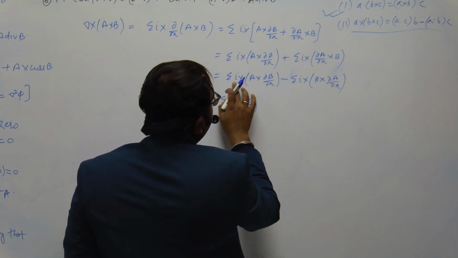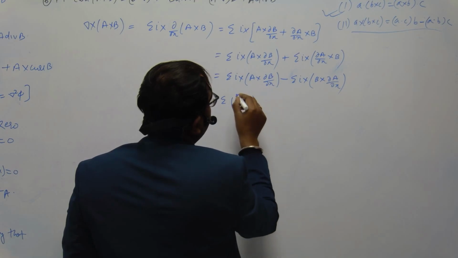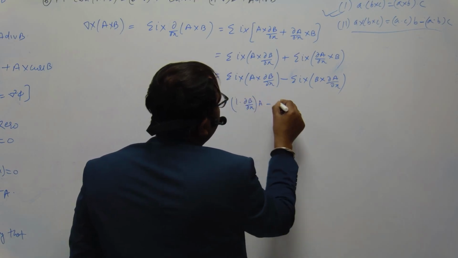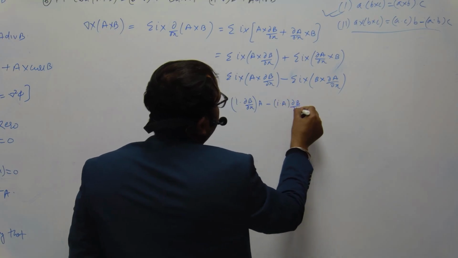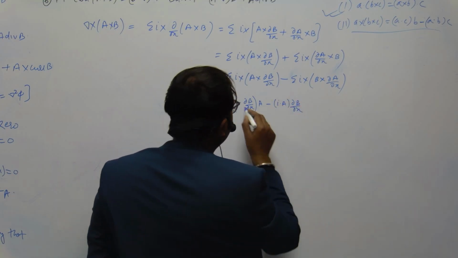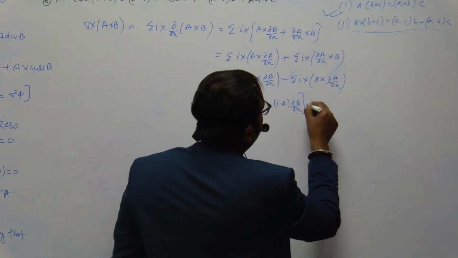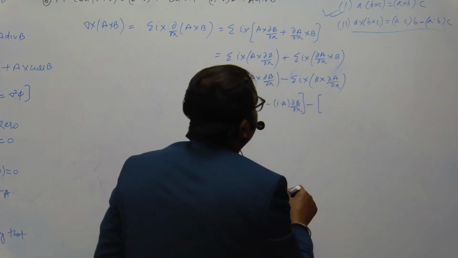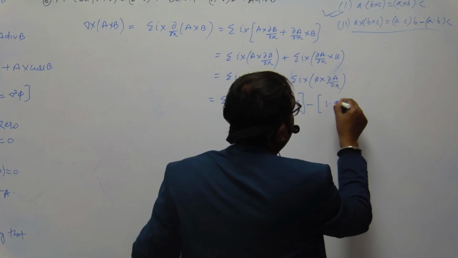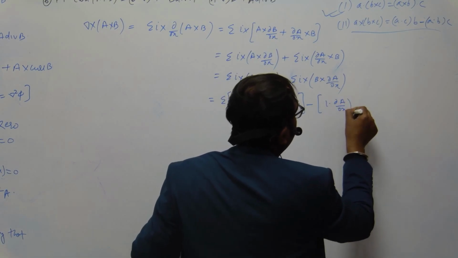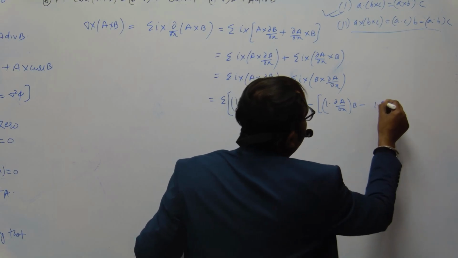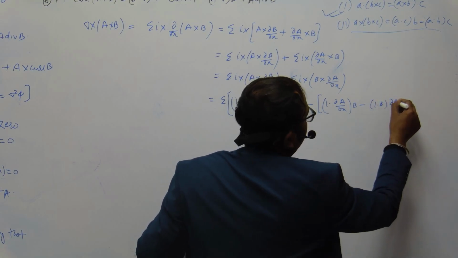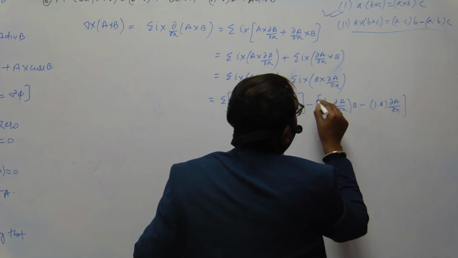This is the first term, and the last term. So this is i dot del b upon del x into a minus i dot a into del b upon del x, this is summation, minus summation i dot del a upon del x into b minus i dot b into del a upon del x. Okay, this is the whole summation.